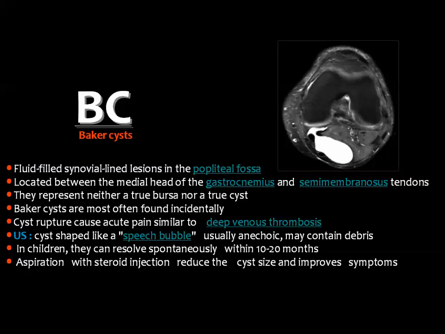Then Baker cyst is one of the well-known synovial cysts occurring in the popliteal fossa between the head of the gastrocnemius and the semimembranosus muscle. This Baker cyst is not a true bursa and not a true cyst. It's continuous with the joint, and it usually fills with fluid when the joint contains effusion.